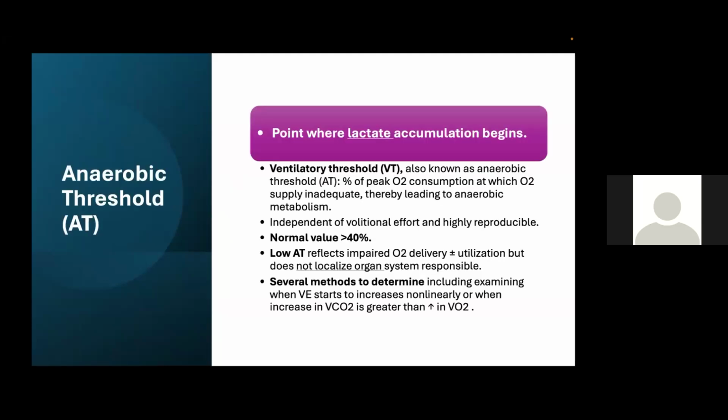And then we have a really very important parameter in CPET, what we call the anaerobic threshold. The anaerobic threshold is the point where lactate accumulation begins with exercise. At the onset of exercise, the patient will be dependent on aerobic metabolism.